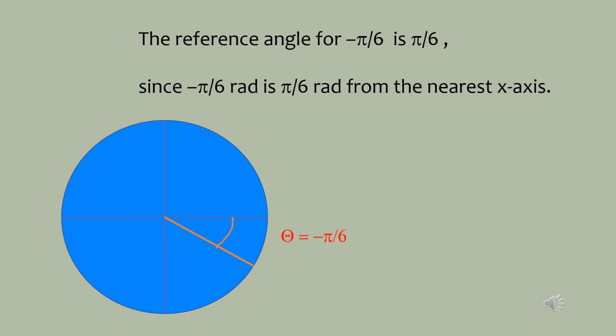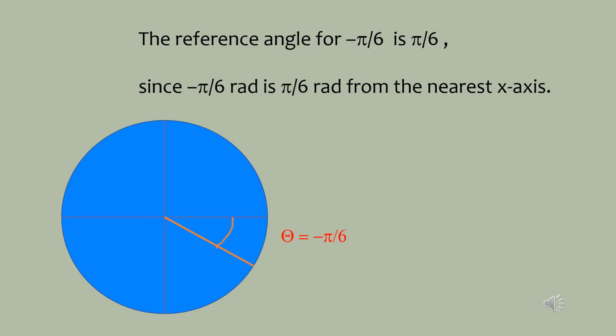Again, the idea remains the same if I'm measuring in radians. Radians is just another unit with which to measure angles. So if I rotate clockwise, hence backwards, to negative pi over 6, the terminal ray lands again in quadrant 4, and so the reference angle is pi over 6, because pi over 6 is the size of the angle between the terminal ray and the nearest x-axis.